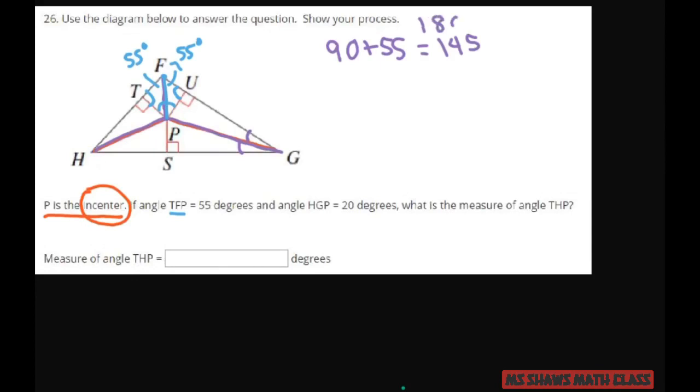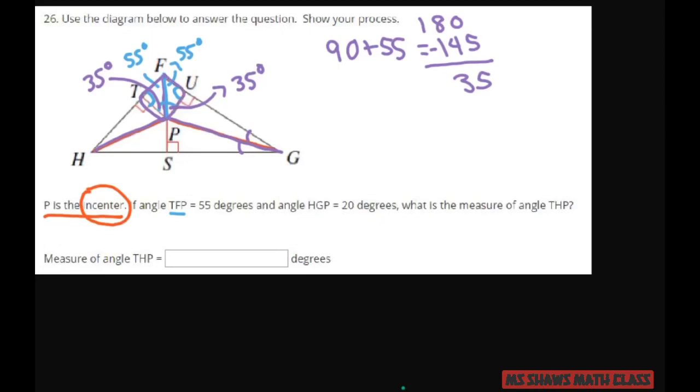So 180 minus 145 gives you 35. So these two here are going to be 35, and this is also 35. All right, so we took care of this little portion here with the angles.